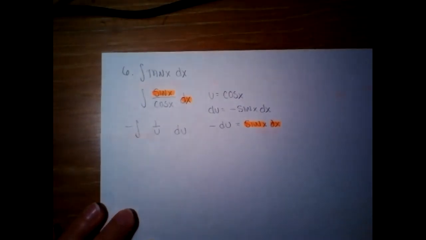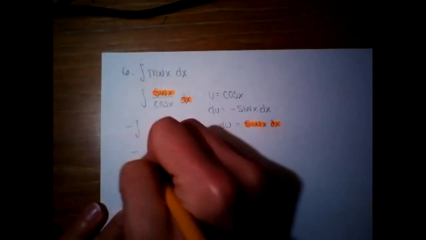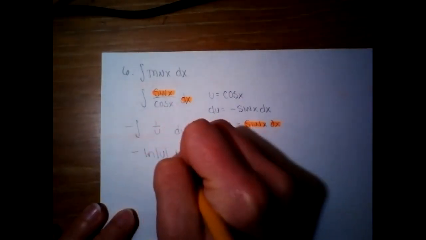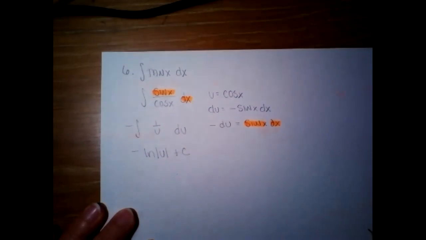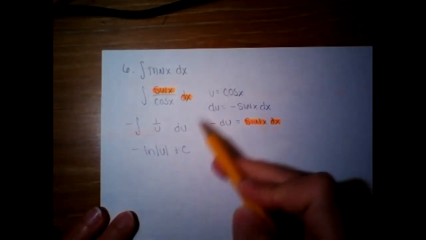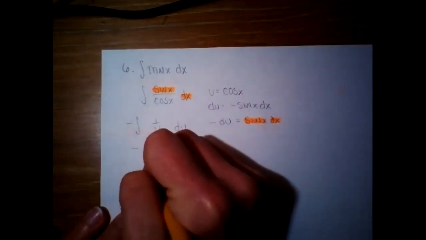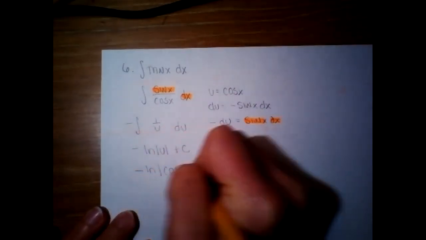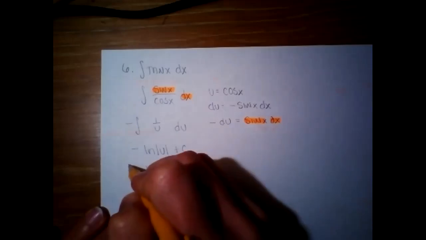And so that antiderivative is going to be negative ln of u plus c. And then we're just going to put this cosine of x back in for u. So it is negative ln cosine of x plus c.